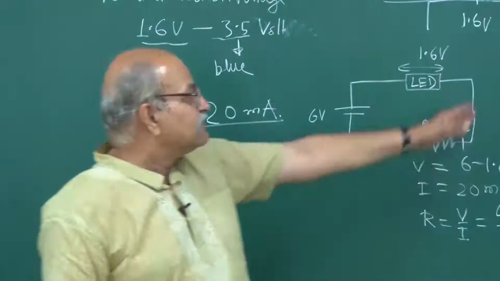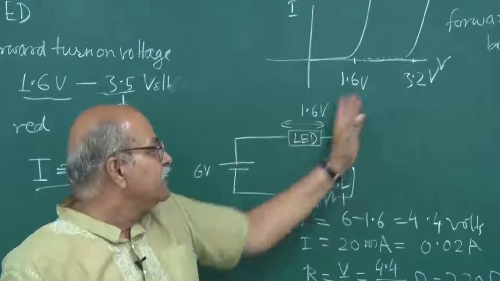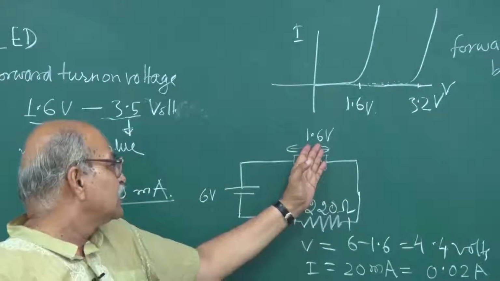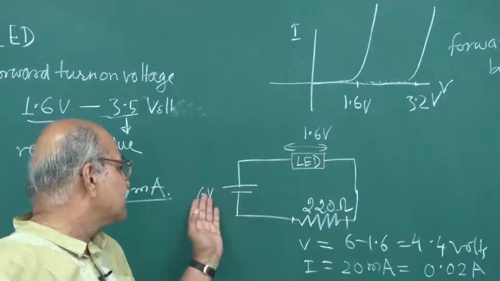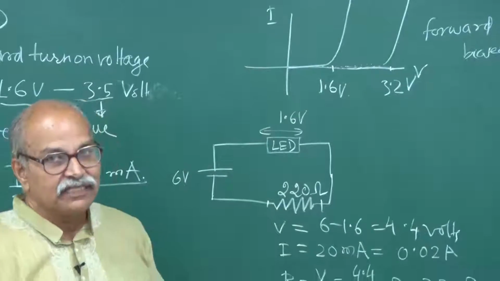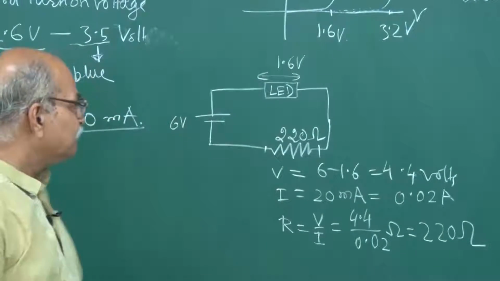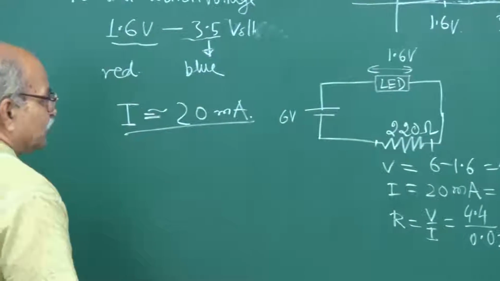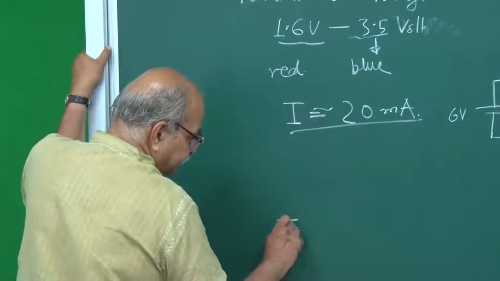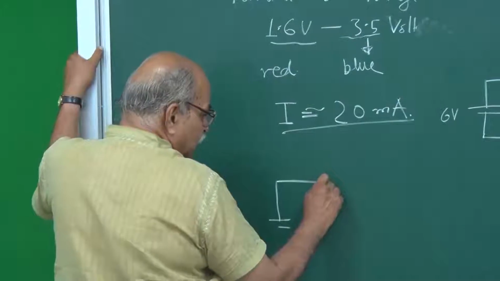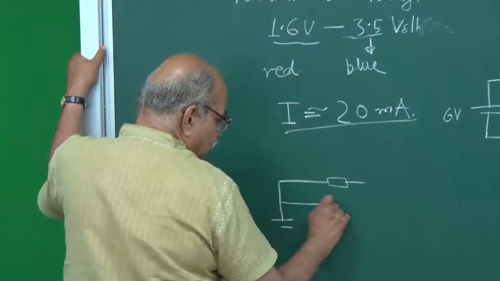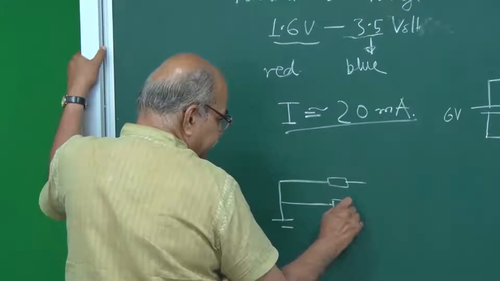Whereas if you have a blue LED here, the forward turn-on voltage is 3.2 volts, then on this resistance you have 6 volt minus 3.2, and correspondingly you can calculate. And what if two LEDs are to be connected in parallel? Suppose you have a 6 volt source and you want to connect one LED here and also one LED here.